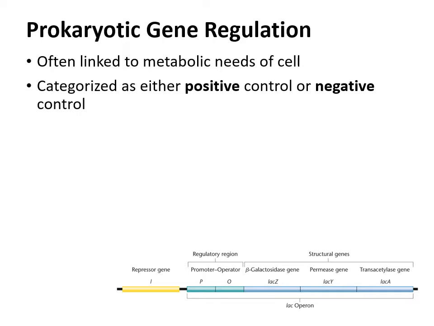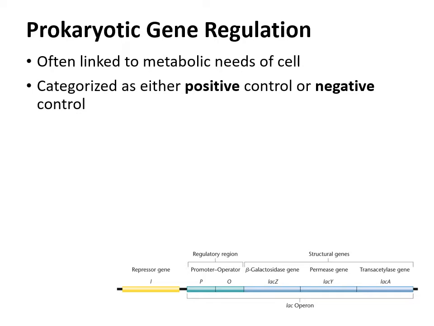With positive control, think of it as the gene is only expressed if some sort of regulator stimulates or activates it. Whereas in negative control, the gene will keep being expressed unless it's shut off by a regulator, meaning repressed by a regulator.